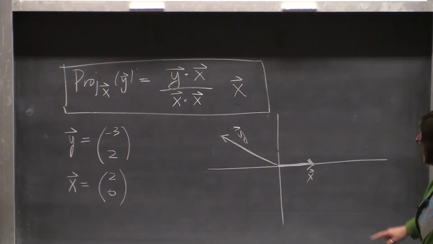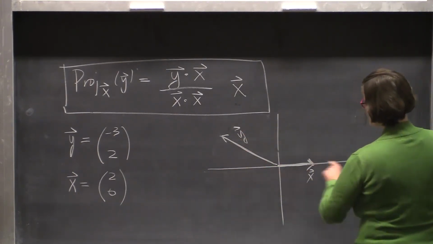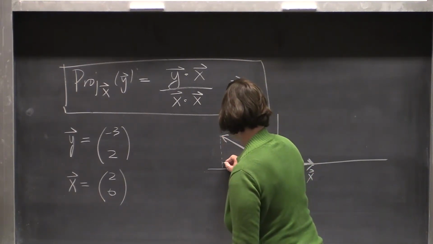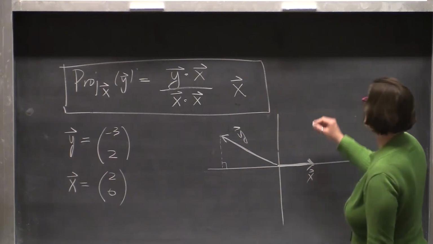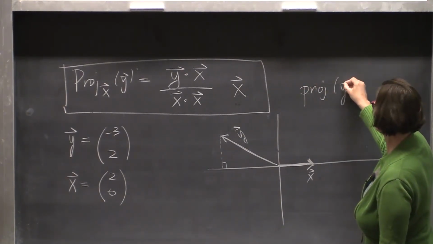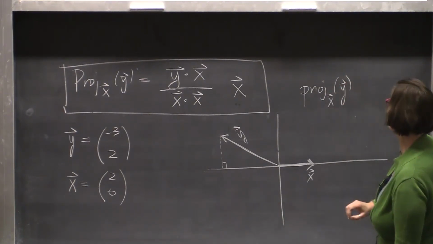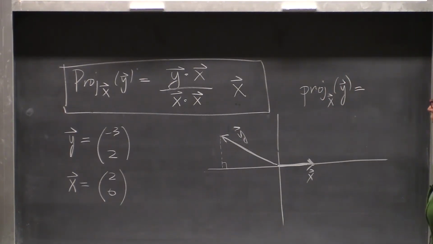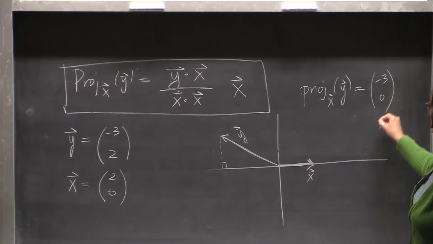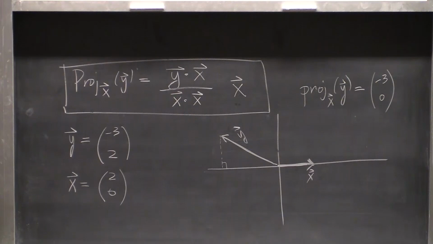If I project y onto this line, I get this. What would you really hope that the projection of that particular vector onto that particular direction is? You would really like it to be -3, 0. Right? So let's just check.